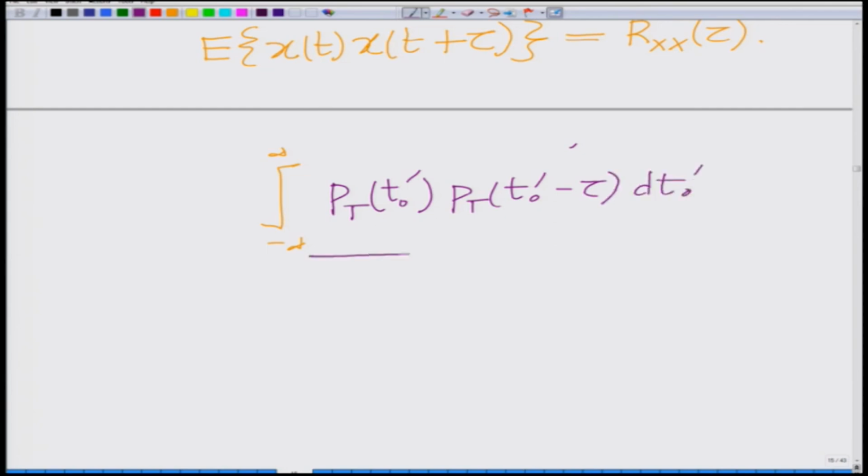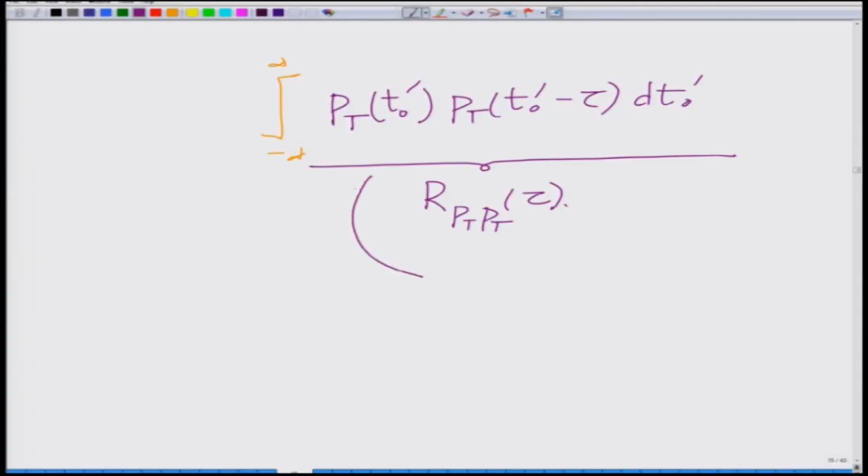If you remember, this is nothing but the autocorrelation of the pulse. This is r p t of tau. This function is indeed the autocorrelation function of the pulse p t. Okay.